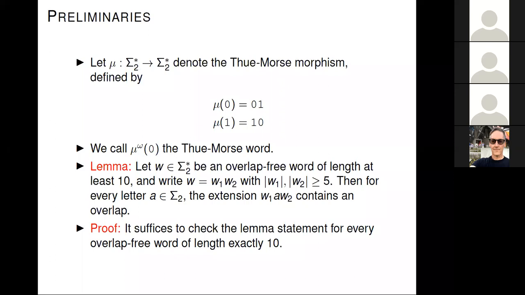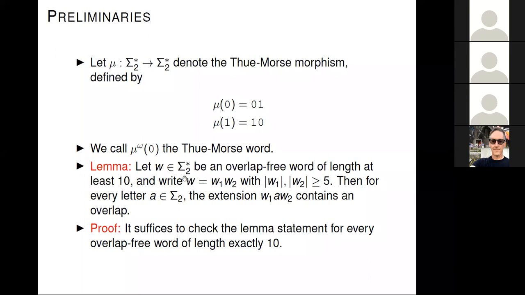So the first lemma, the first observation that we made, is that when you're working with overlap free words, their structure is pretty strict, right? So if you try to extend an overlap free word anywhere near the middle, anywhere that's not close to the left or the right, you're going to get an overlap.